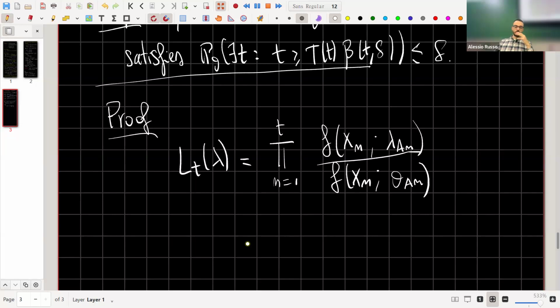The next step is to not consider just one single lambda. The idea is to take an integral over possible values of lambda. This is inspired by betting, even though I don't like this analogy so much. But the idea is that all these possible different values of lambda are possible betting strategies.